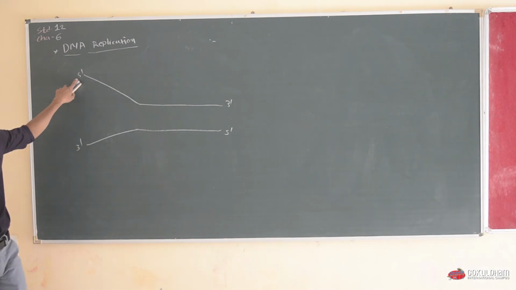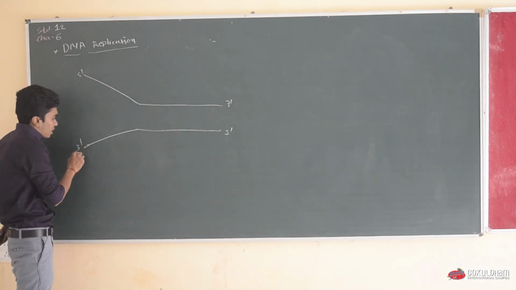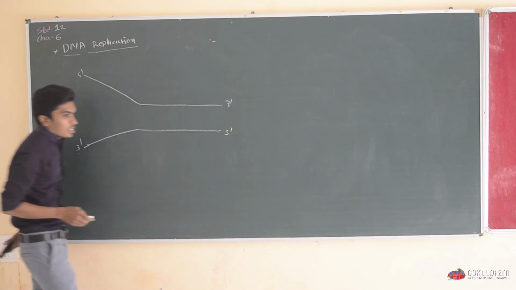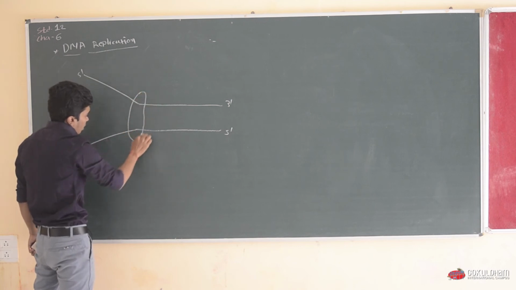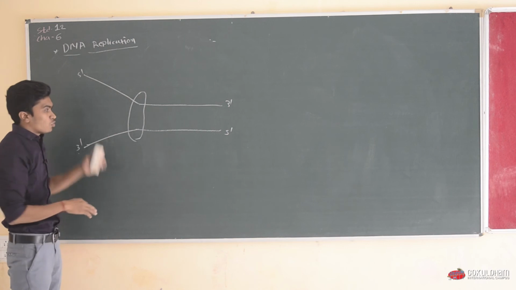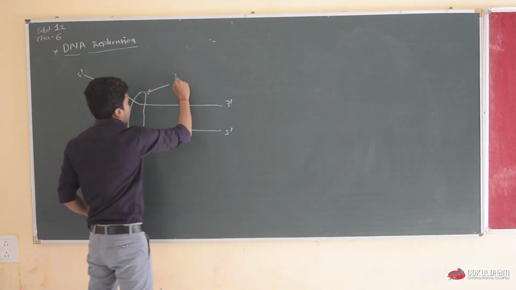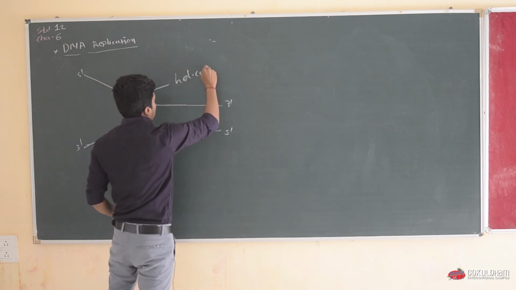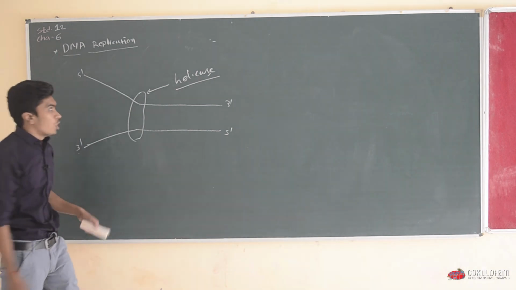This is the 5' strand and this is 3', and here the lower strand is 3' to 5' strand. Here one enzyme called helicase cuts both the strands into single stranded DNA. Remember the name helicase. This enzyme is also known as the molecular scissor.